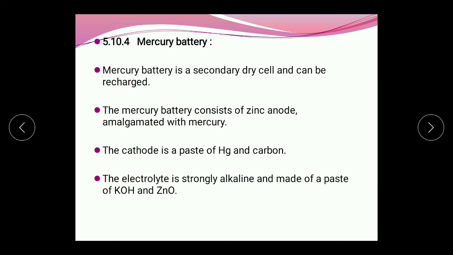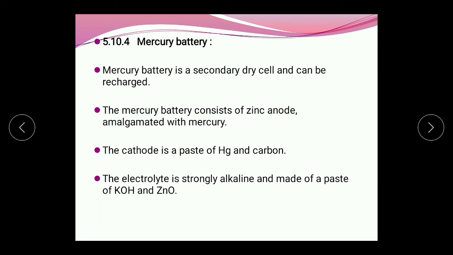KOH is a strong alkali, so zinc oxide along with potassium hydroxide is used as the electrolyte. This is all about construction. As I told you, always remember these three things are very important: what is the anode, what is the cathode, and what is the electrolyte, because all the reactions go on at the anode, cathode, and electrolyte.